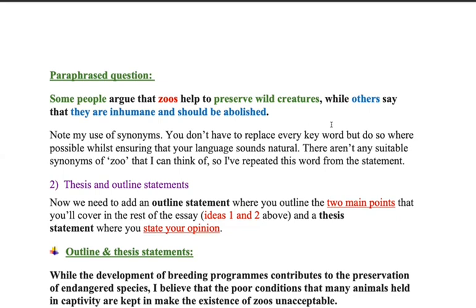Let's see the second one, thesis and outline statement. And I said this again before, and I'm going to say it again. It's good to bring it together as one sentence. So now we need to add an outline statement where you outline the two main points that you will cover in the rest of your essay, ideas 1 and 2. And a statement where you state your opinion.